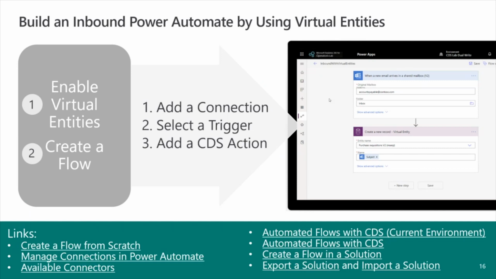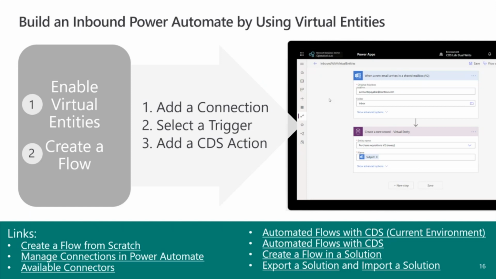But it's important to note from an inbound perspective that something else needs to be the trigger. In my case, I did an email. So when an email arrives in a shared inbox, I've got a number of different parameters there. I'm pulling those in and saying, go create a record in my virtual entity, or maybe I route that to someone to perform a review process, whatever it might be.